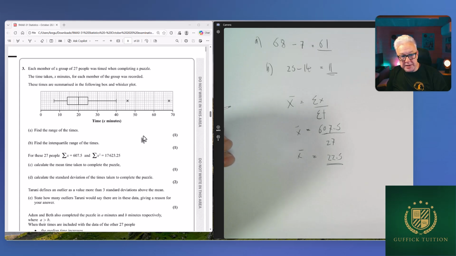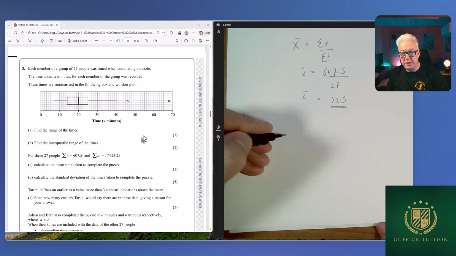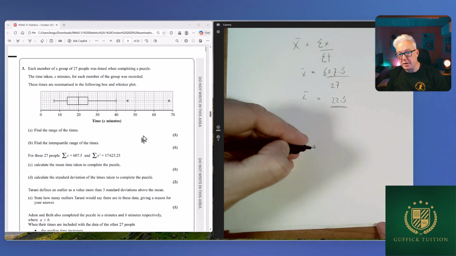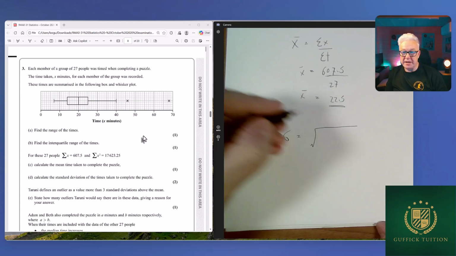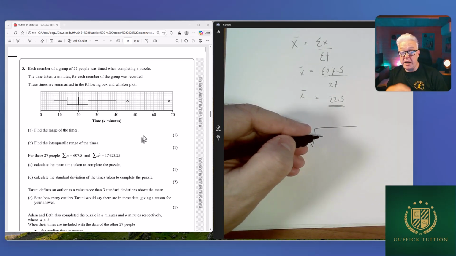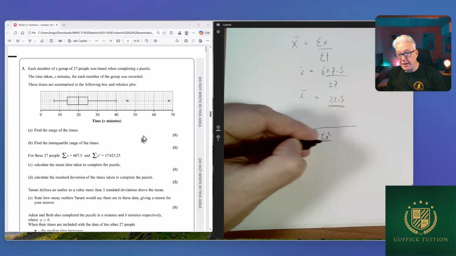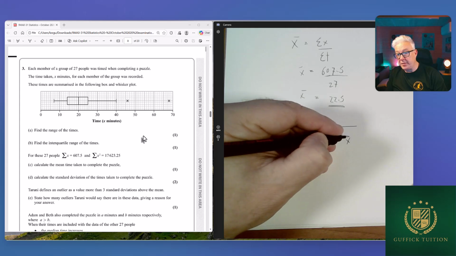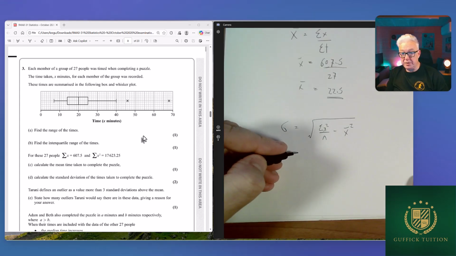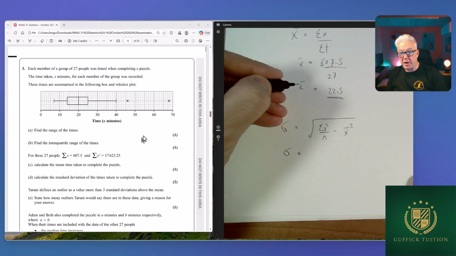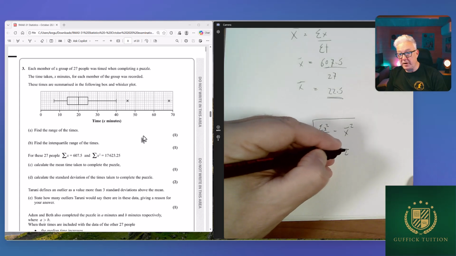Part D, calculate the standard deviation. Oh, that's really nice. So nice little question, this one. The standard deviation is going to be the mean of the squares minus the square of the mean, square rooted. So we're going to have sigma x squared over n minus x bar all squared, square rooted. Now we've calculated x bar, that is 22.5.